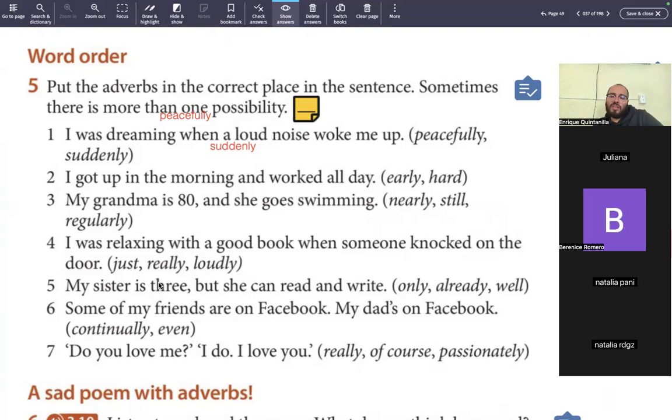But she can already read. Between can and read.